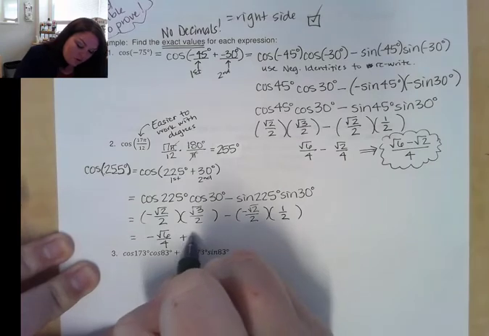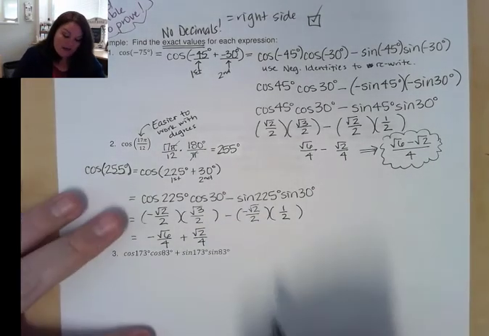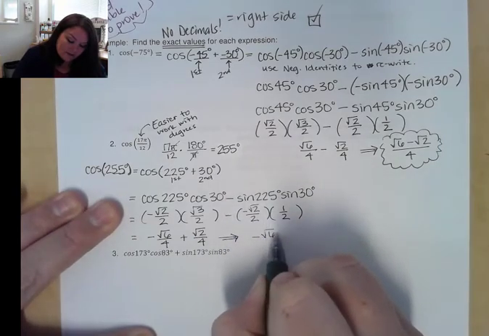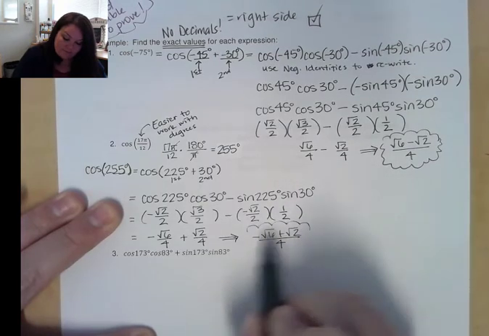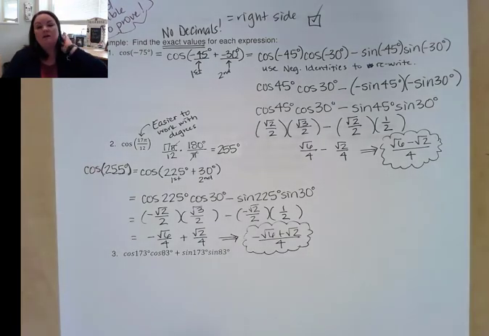And I'll get square root of 2 over 4. And then we want to make sure that we write it as one fraction. So negative square root of 6 plus square root of 2 all over 4 is our exact answer for the cosine of 17 pi over 12, right?